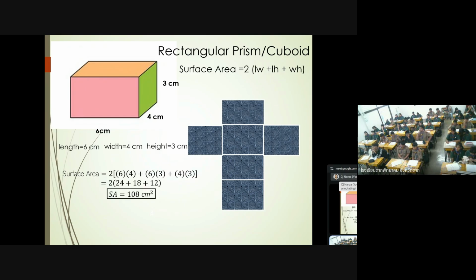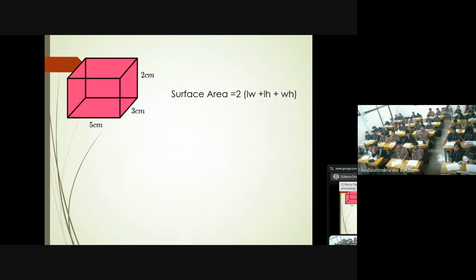Okay. All right. Can you try this? I'll give you 3 minutes only. No need to draw. Just try to answer. First, identify the length, width, and height.